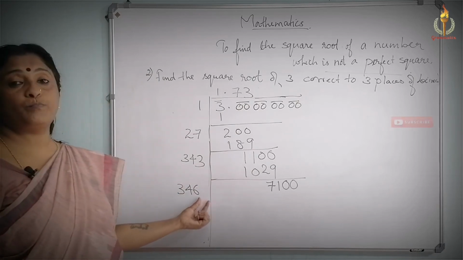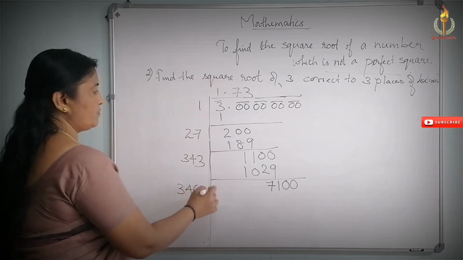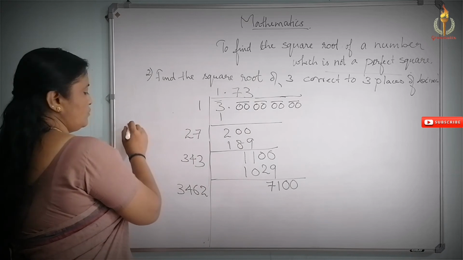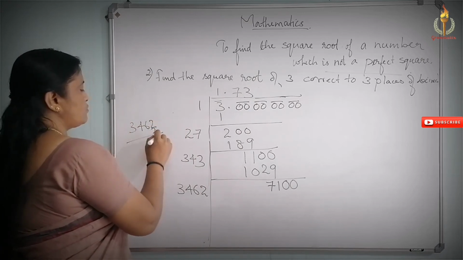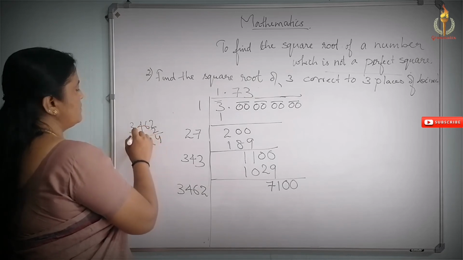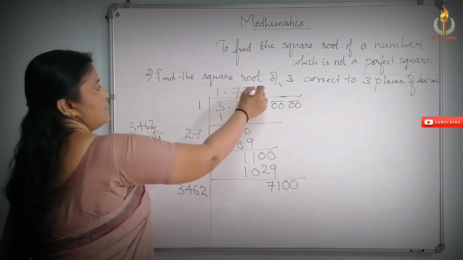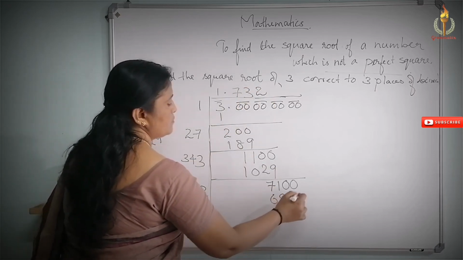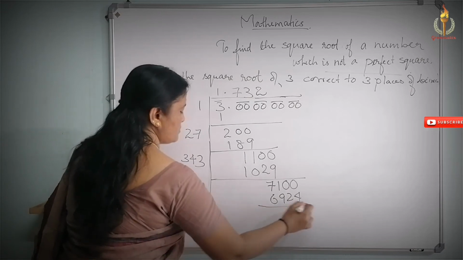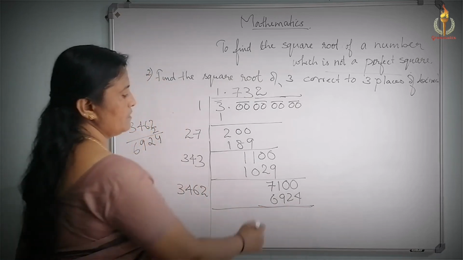And now you have to put one number here so that you can put the same number there. So it will probably be 2. We will be putting 3, 4, 6, 2 into 2. 2 2s are 4, 6 2s are 12, 8, 9, 6, 9, 2, 4. So that's the smallest number. 6, 9, 2, 4. So you just subtract it.